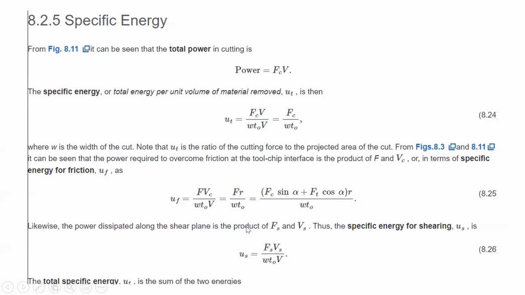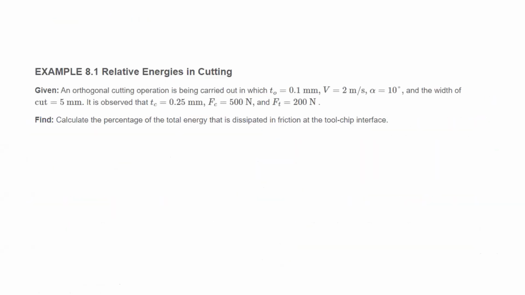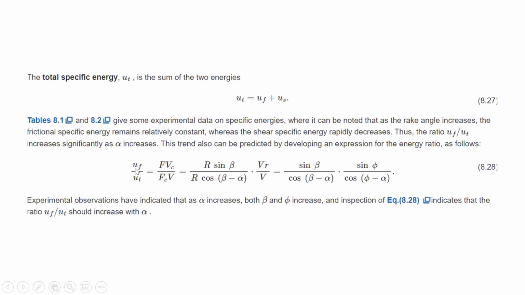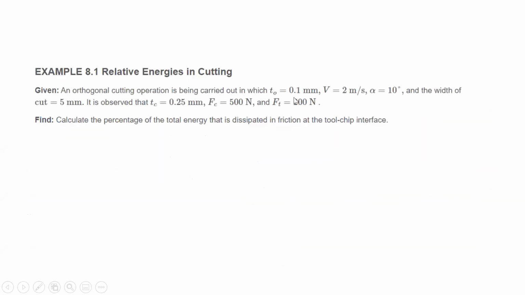This is for shear, in the shear direction. So this is UF divided by UT can be obtained using this equation, right? So UT equals UF plus US, friction and shear. And then we have all these equations, and then this is our first example.